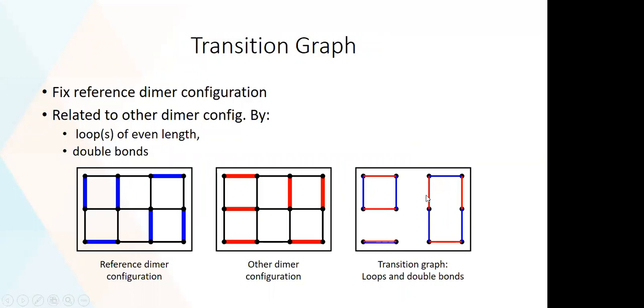of alternating colors of bonds, one from the dimer configuration and one from the reference dimer configuration, and also double bonds. We can now consider this picture of the transition graph from these two dimer configurations as representing this dimer configuration.